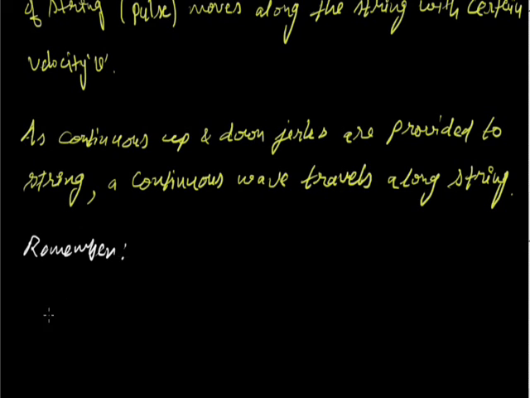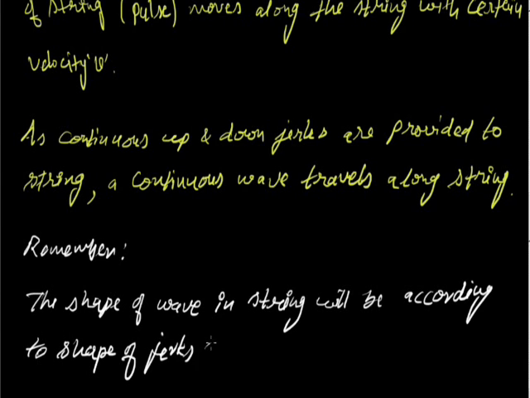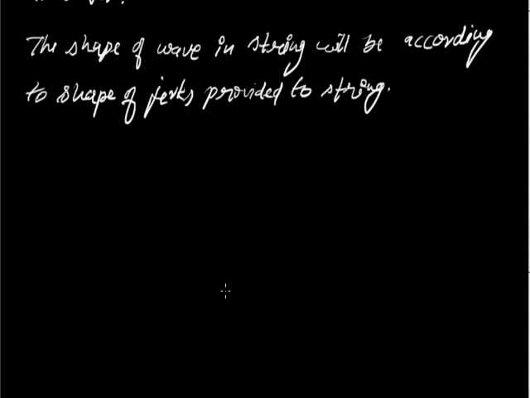One thing to remember here is that the shape of the wave in a string will be according to the shape of the jerks provided to the string. We can see here by the figure drawn below how a pulse travels through the string.